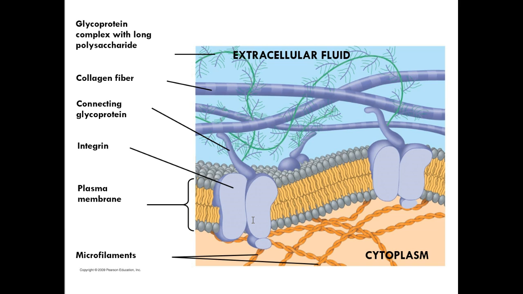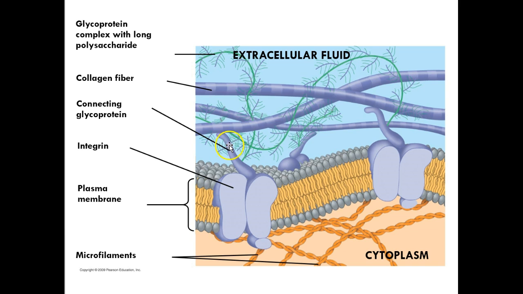So if we look at some of the stuff on the outside, you can see a couple of things that we should be able to recognize. The lipid bilayer, this is the inside, the cytoplasm. This is the outside, the extracellular fluid. This long string is the collagen fiber. These are designed to hold tissue types together.